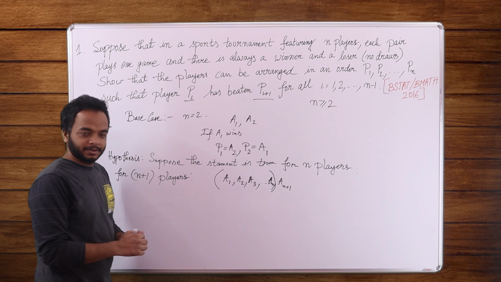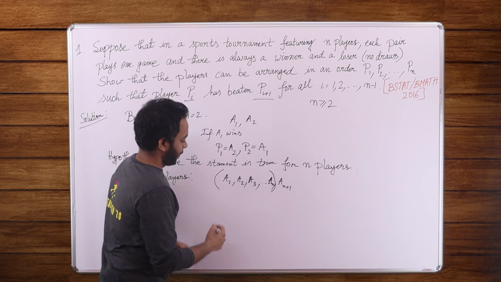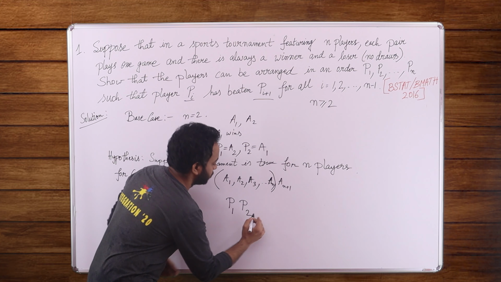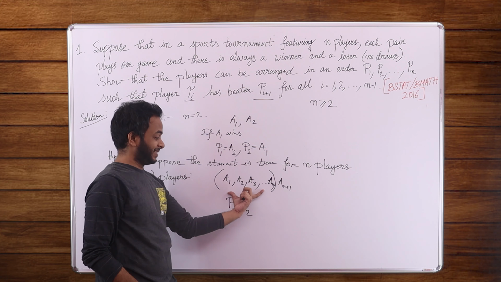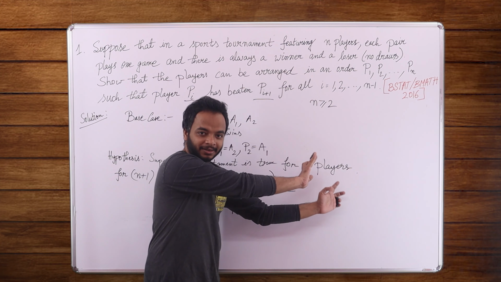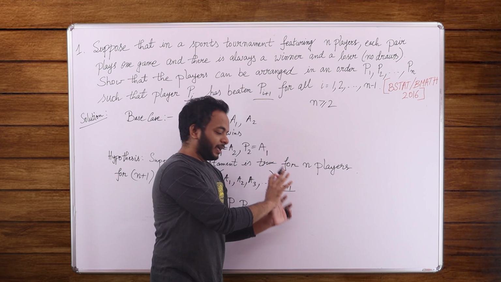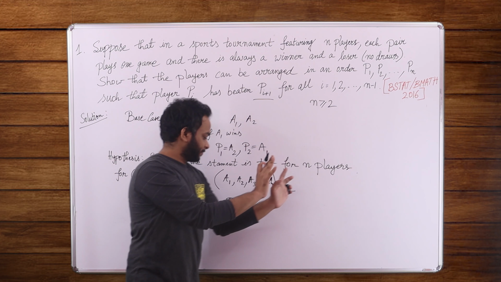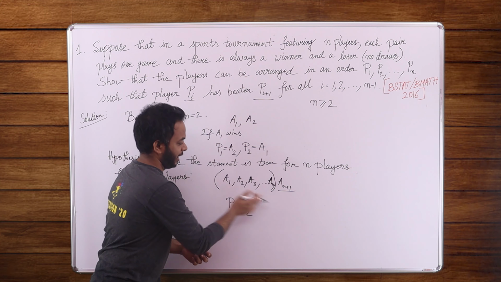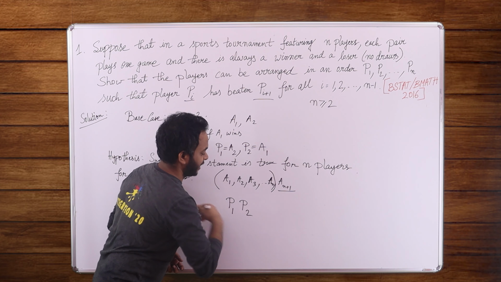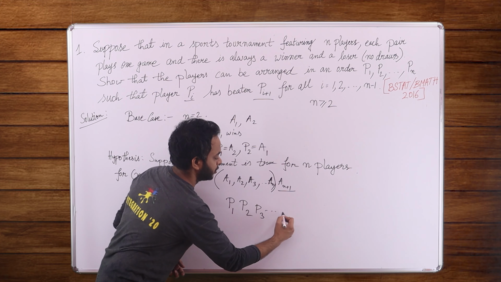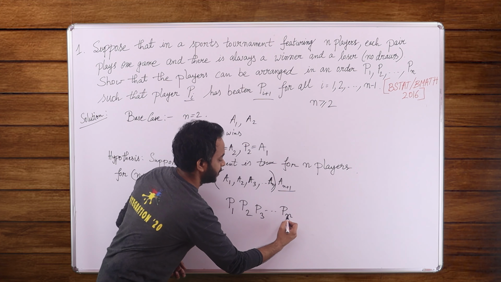So let's do it then. Here I have P1, P2. I'm only concentrating on these n players, and A n plus 1 I just keep aside. Then I can make them stand in a line P1, P2, P3, dot dot dot, till Pn.